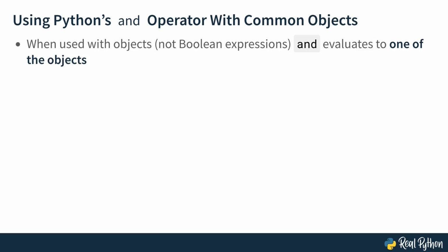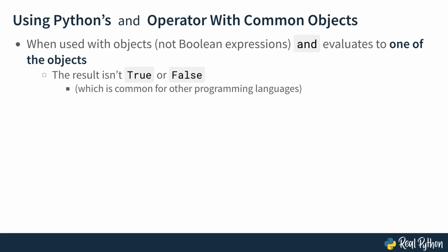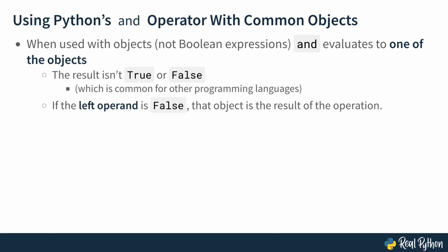When and is performed on objects, the value returned is one of those objects. The result isn't going to be true or false. This makes Python's implementation a little different than other languages that let you perform and with things other than just Boolean expressions. If the first operand is false, then that object will be the result of the operation.